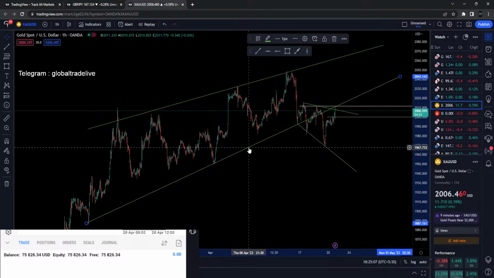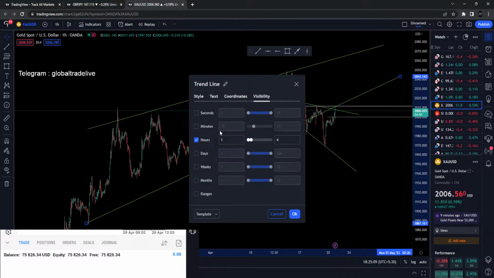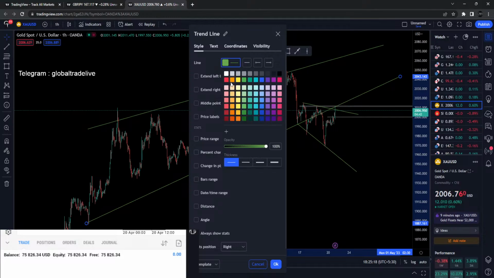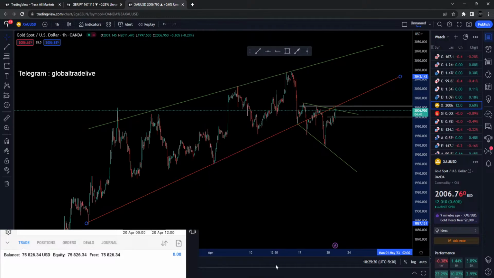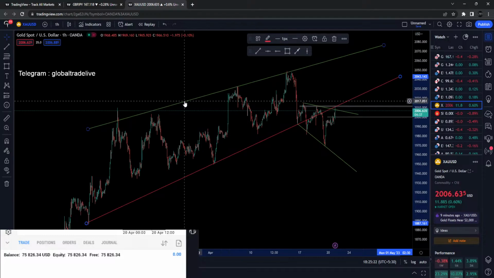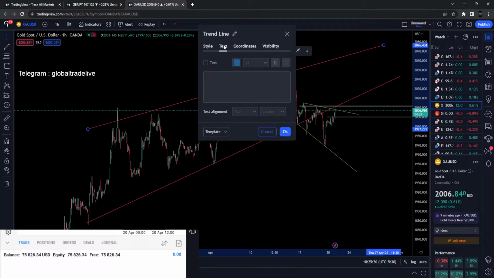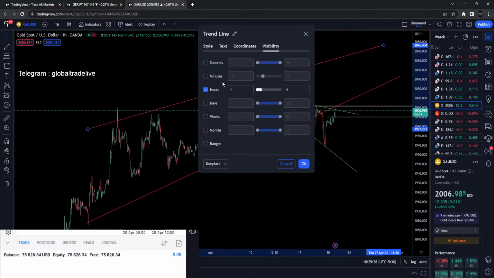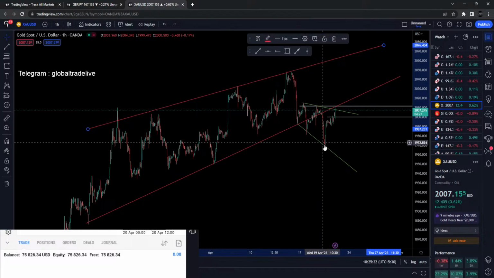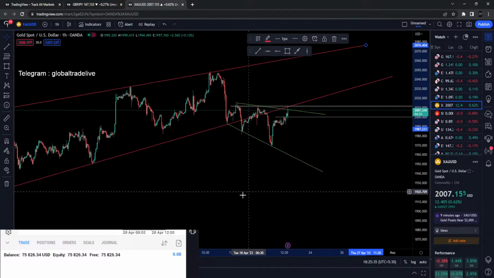So yeah, now things are getting really clear. So I want these areas to be visible in the 1 hour. Change the style to red. Red one over here. Visibility to 1 hour. And these are okay in green.